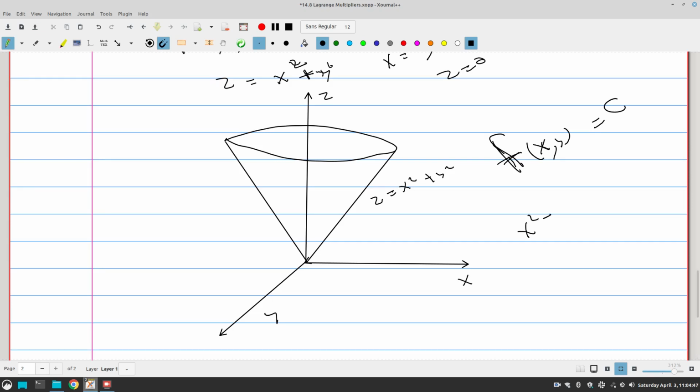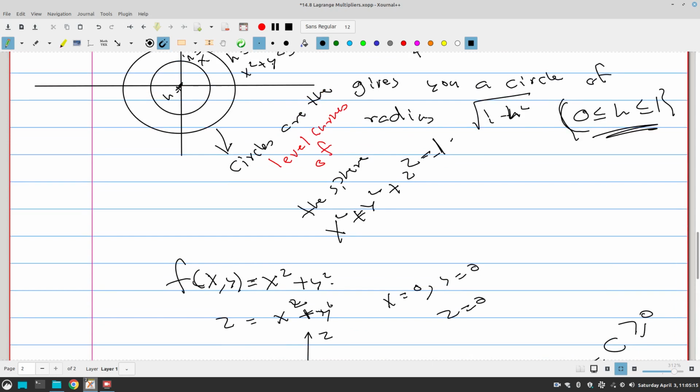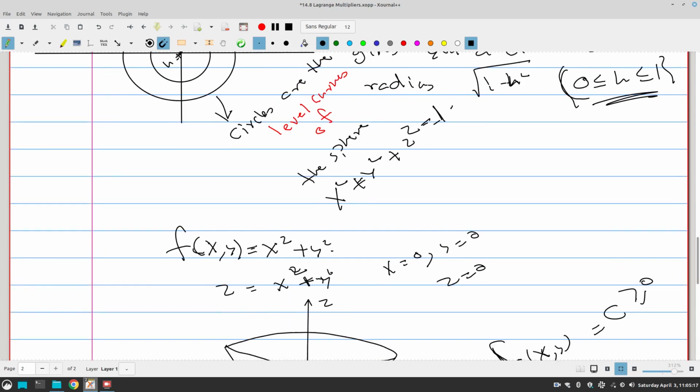If x squared plus y squared equals c, where c is greater than or equal to 0, then we have circles of radius square root of c, centered at the origin. So you could draw level curves for just about anything, for any surface.